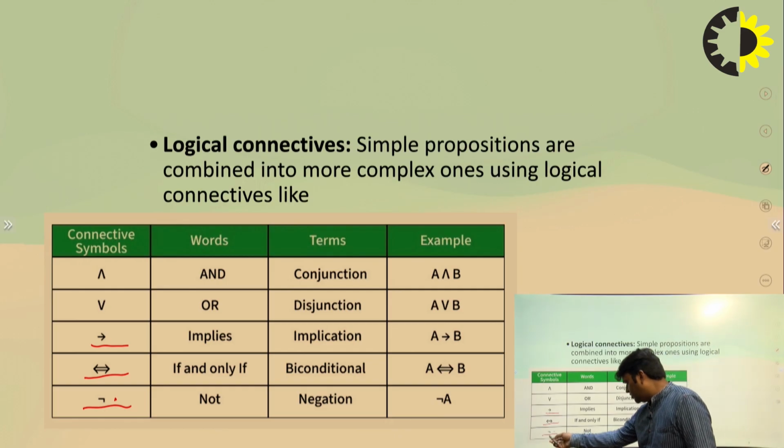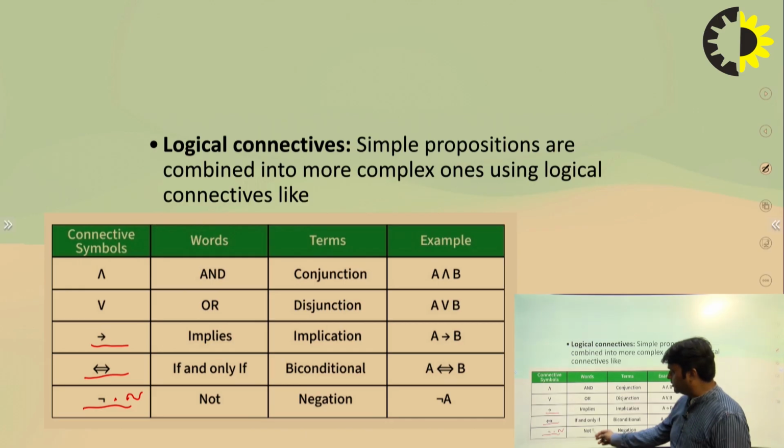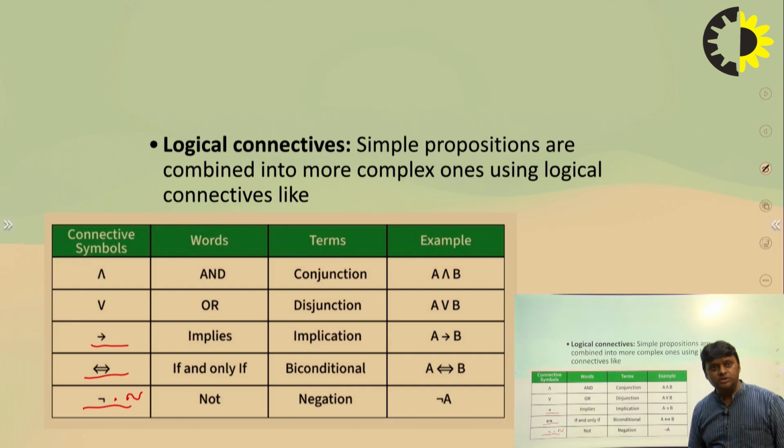There is another symbol for not, this one and this one. These two symbols are used for not. And is also called conjunction, or is disjunction, implies is implication, if and only if is biconditional, and not is negation.